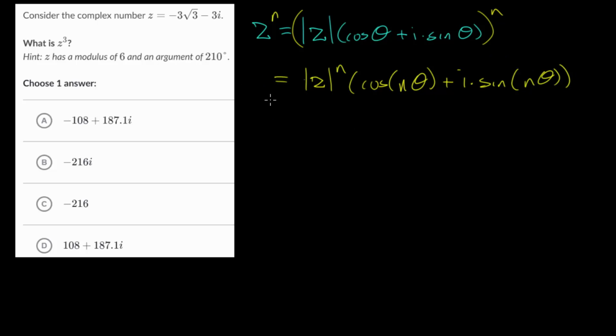The way to interpret this is that when we raise our complex number to the nth power, the magnitude is multiplied by itself n times, and the angle is added to itself n times. This also goes by the name of de Moivre's theorem, which I'll write down very quickly.